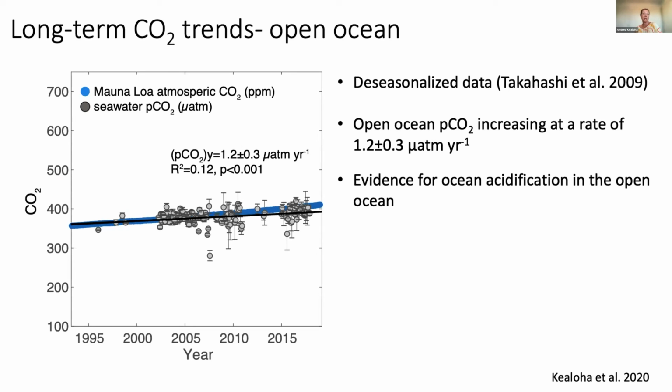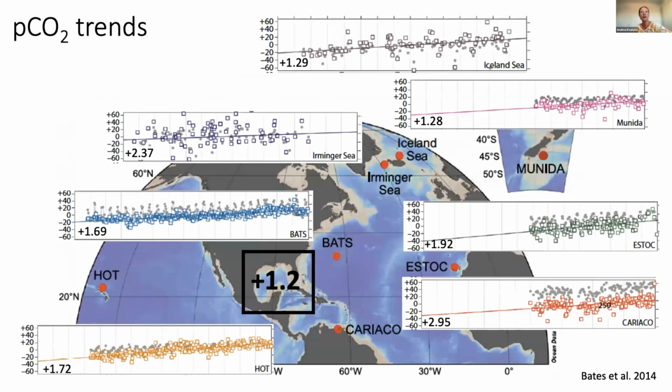We see an increase in surface water PCO2 in the open ocean, approximately 1.2 microatmospheres per year. So this is evidence for ocean acidification in the open ocean Gulf. And if we go back to our figure here, this 1.2 is at the lower end of the other open ocean time series stations, but still compares really well.